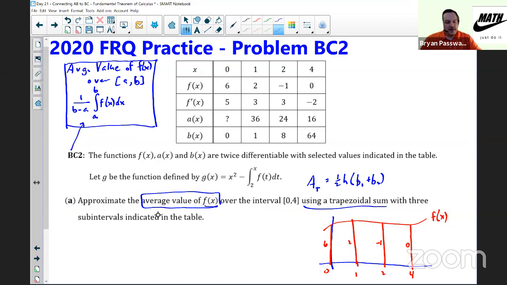Whenever you want to find the average value, it's really helpful to write that formula out first, because what students do is they see trapezoidal sum and they just start going right into trapezoidal sums and they don't write out what they're doing first. So they either forget the average part in front, or at the end of the problem, they realize, oh, shoot, I should have found the average value. I have to divide my answer by something.